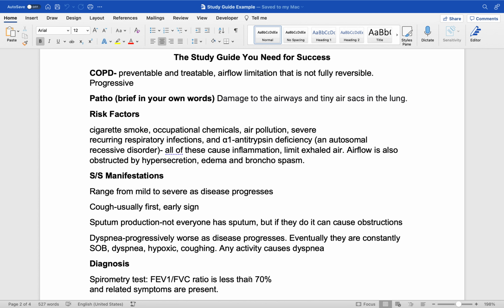We also want to know that airflow is obstructed because of hypersecretions, edema, and bronchospasm. It's important to understand how these risk factors are causing this disease and how this puts a person at risk for developing COPD.